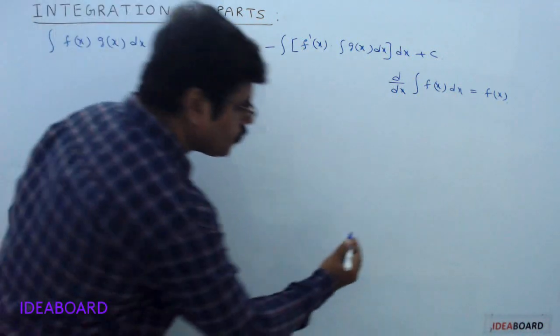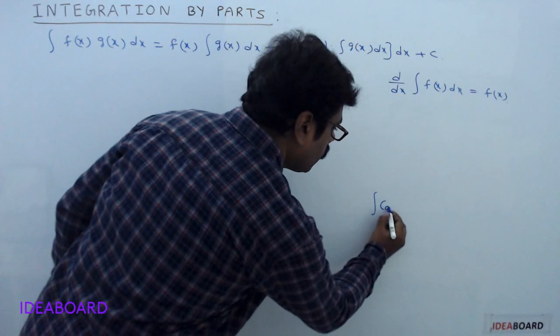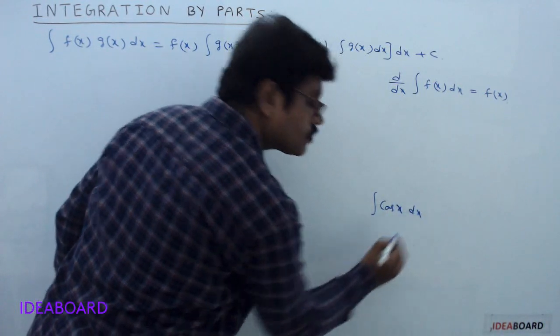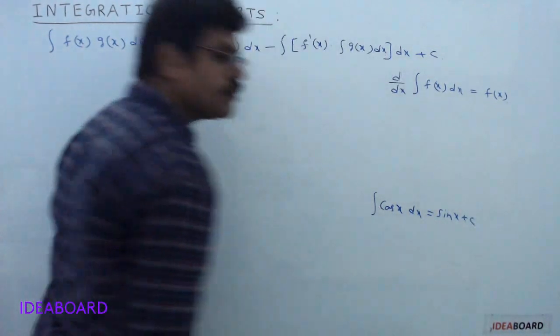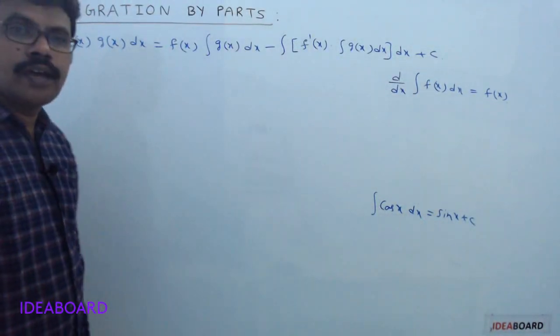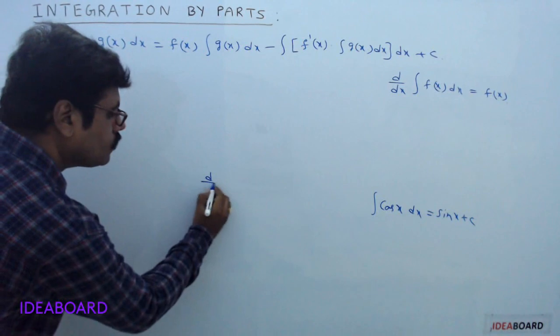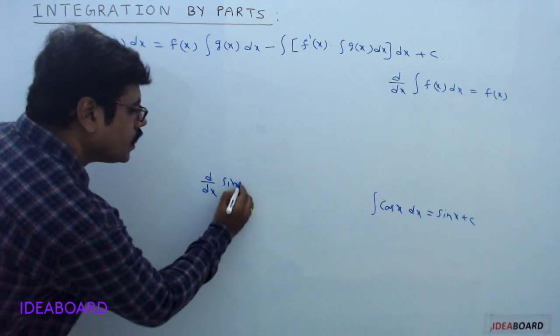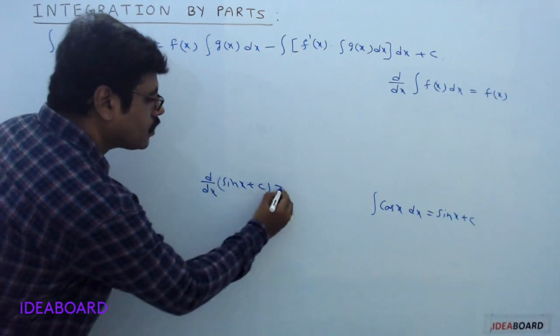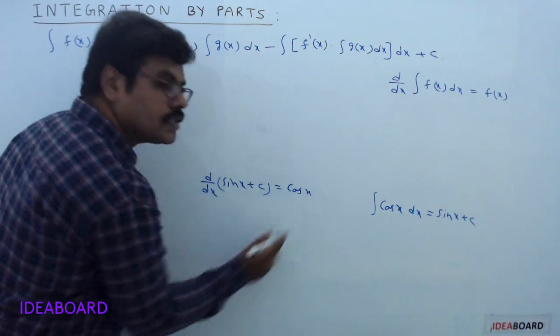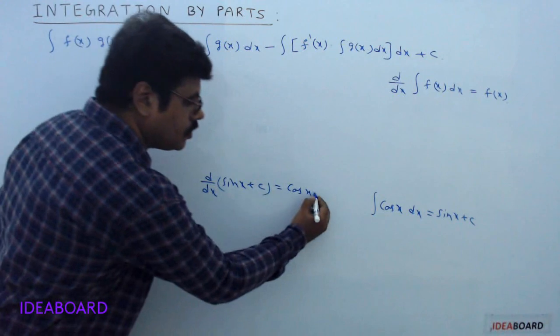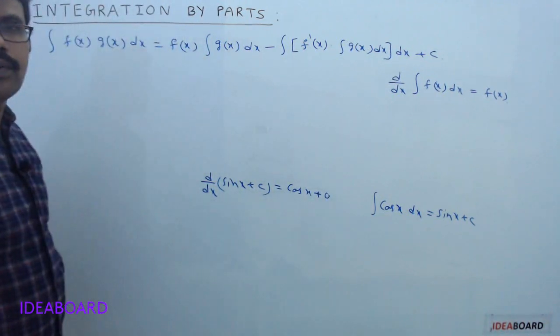Now, what is the formula of integral cos x dx? It is sin x plus some constant. How did you get this formula? Derivative of sin x plus some constant equals cos x, since derivative of sin x is cos x, c is the constant term, and its derivative is 0.